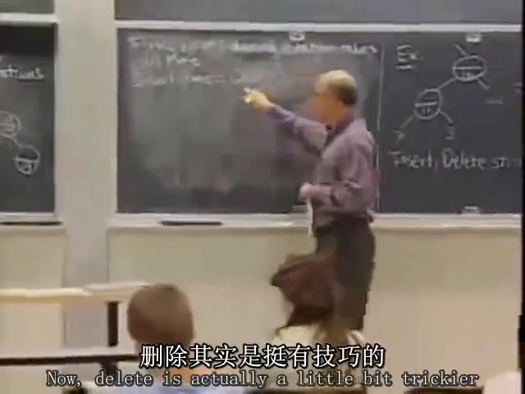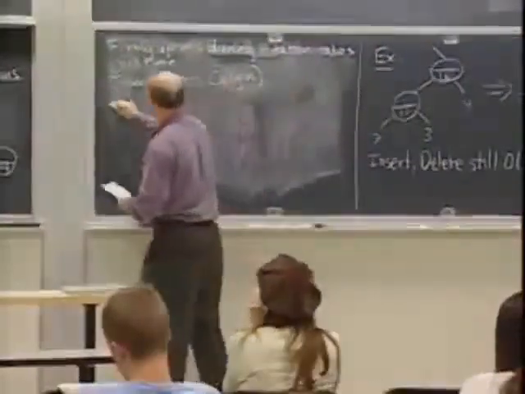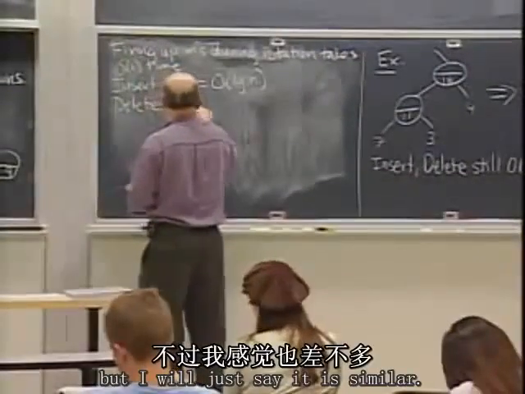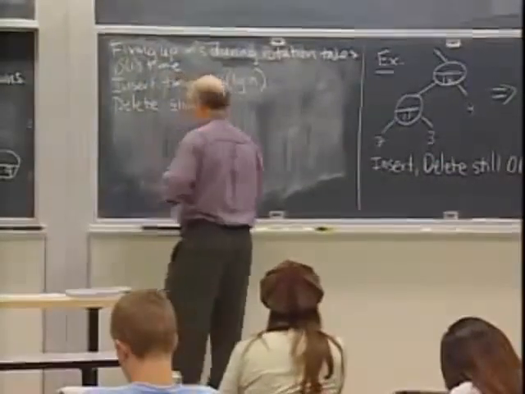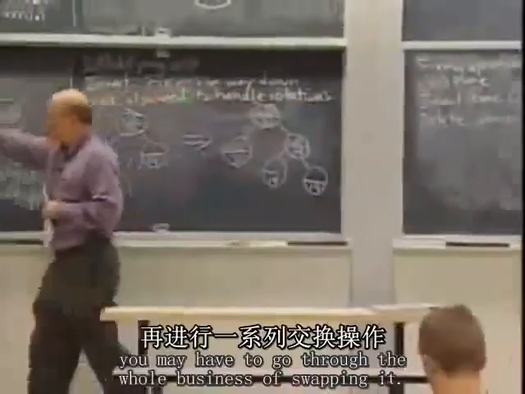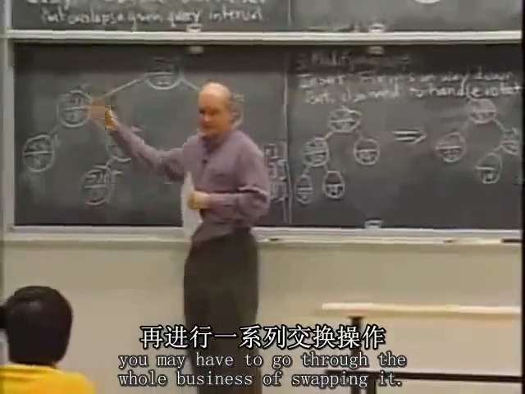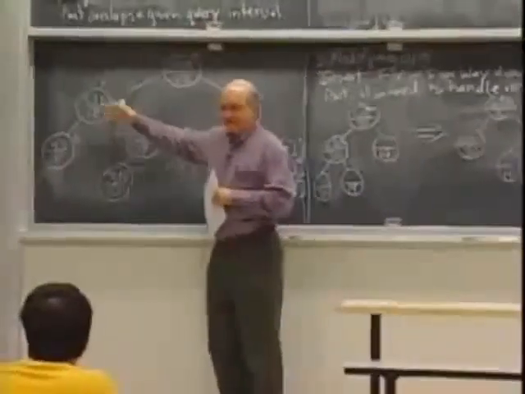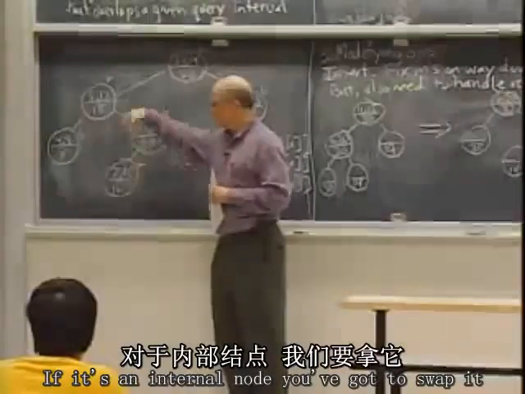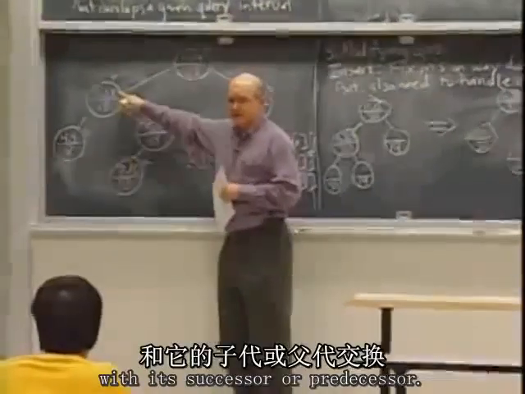Now delete's actually a little bit trickier. So I'll just say it's similar. Because in delete, you go through and you find something. You have to go through the whole business of swapping it with, if it's an internal node, its successor or predecessor.